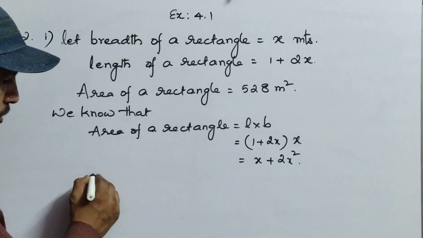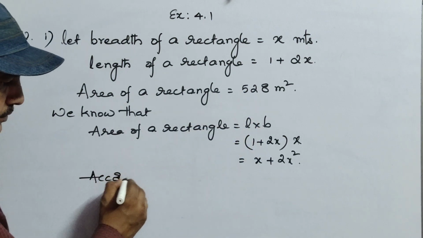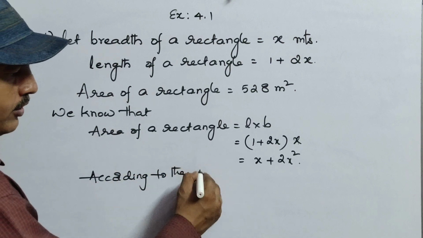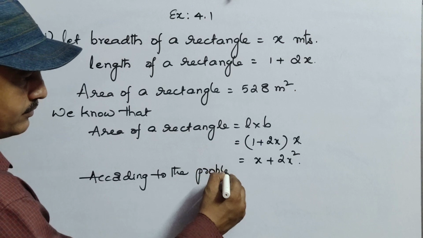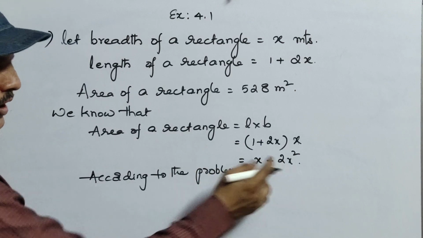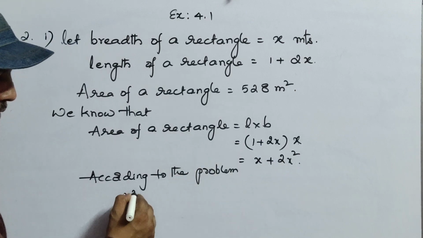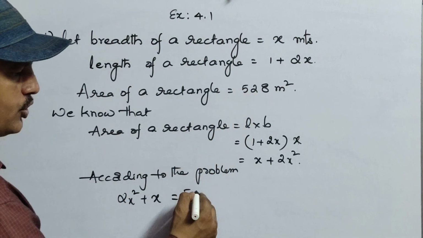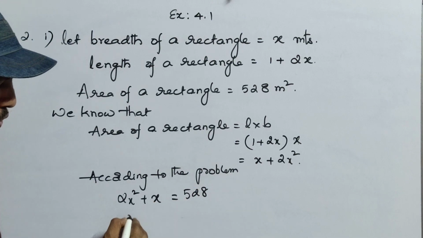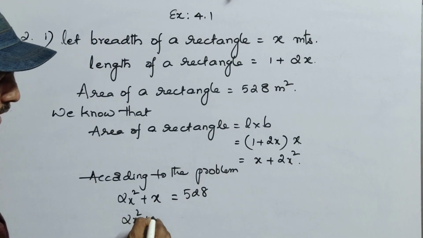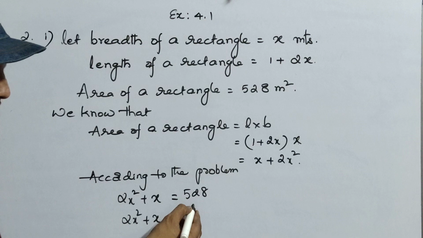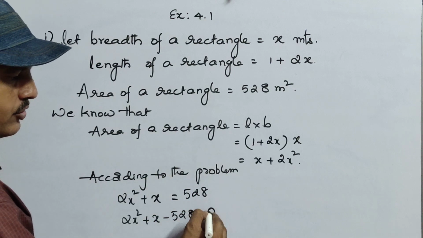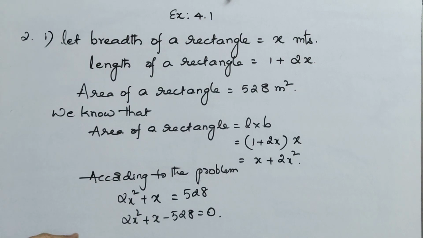So according to the problem, you can write 2x square plus x equals 528. Bring this 528 to this side, so 2x square plus x minus 528 equals 0. What did he ask? A quadratic equation.